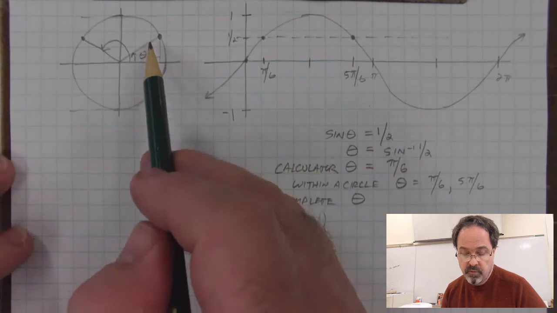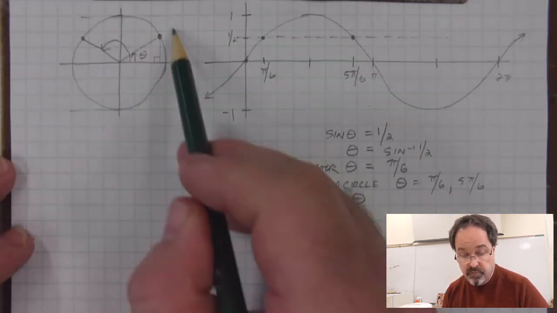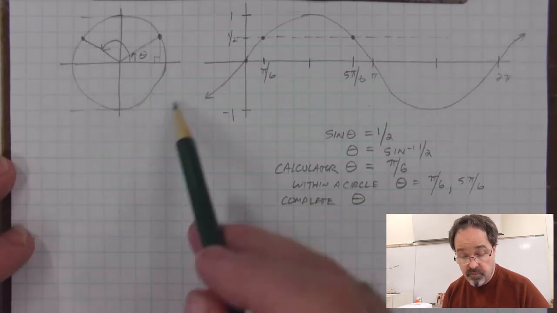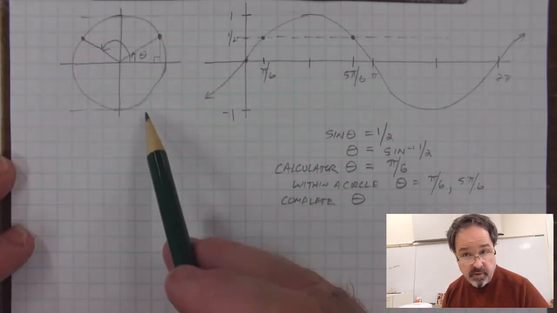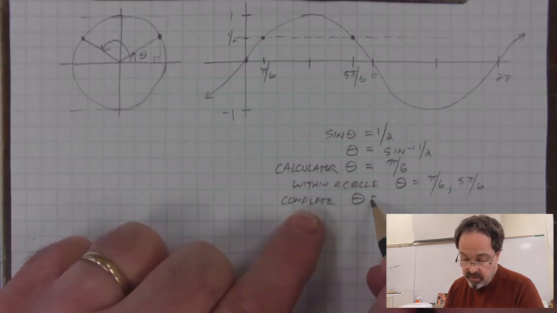That's equivalent to adding or subtracting full circles to these angles to get additional angles that have a sine of 1/2. So how do we express the complete answer?